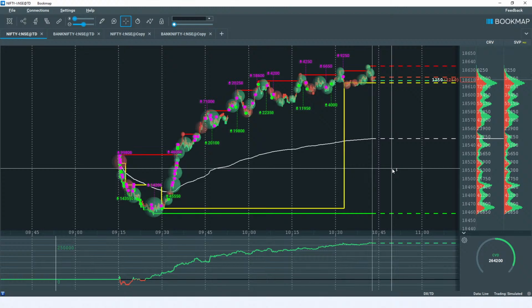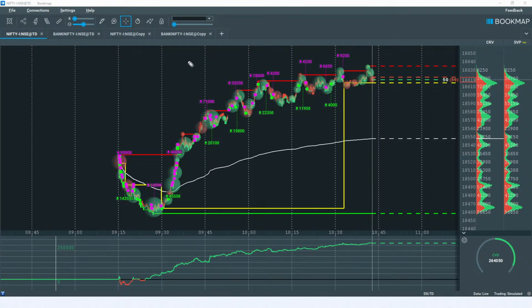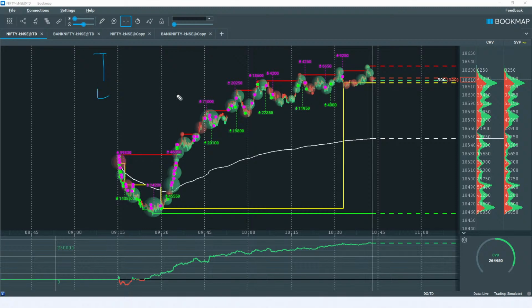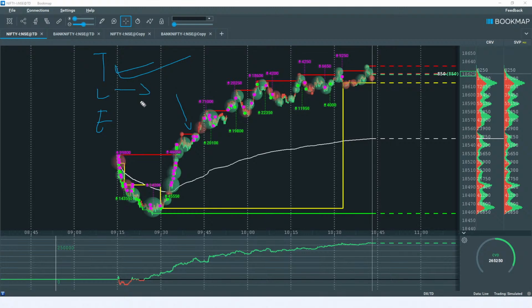Always go by the framework. That is very important, because when we don't have a plan in a specific, calculated manner, the possibility of us getting into random trades is quite high. So that's why we follow this particular process. We don't directly jump into the chart. First we identify the trend in terms of the price, and similarly we identify the locations where we can monitor our price action.